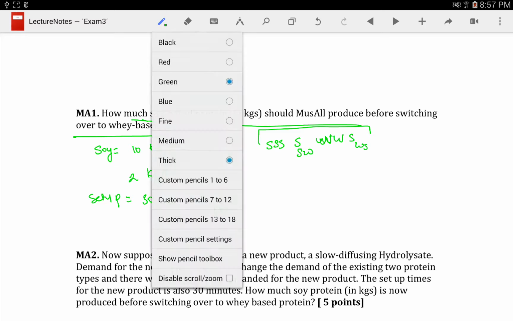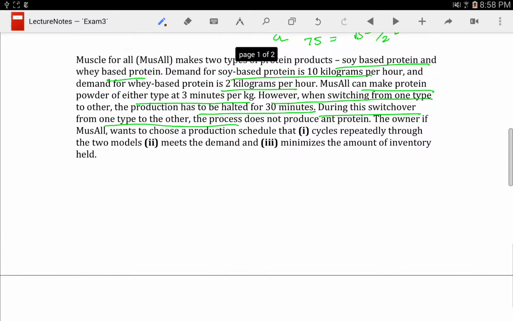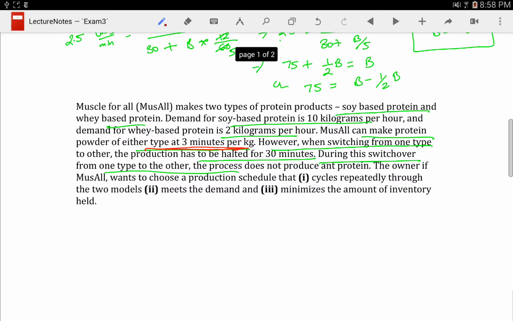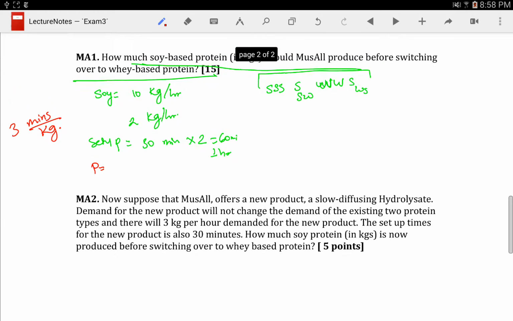Alright, we are ready to solve it now. Well, we need the processing time. The question says it takes 3 minutes per kg.